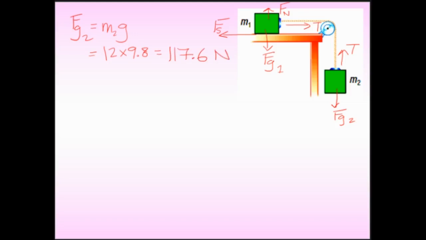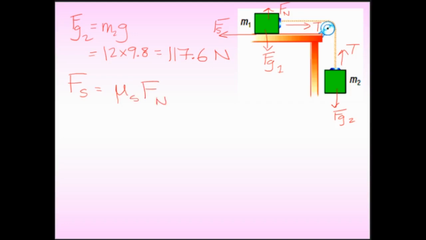Let's calculate Fs. Who remembers the equation for Fs, which is really the cross multiplication of the original equation of mu s? Mu s times Fn. What can you say about Fn and Fg1? Is that table block moving down? Is it moving up?